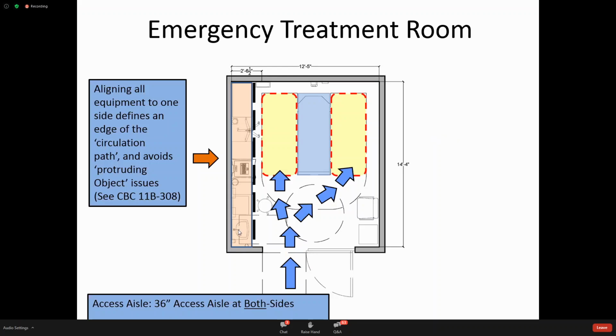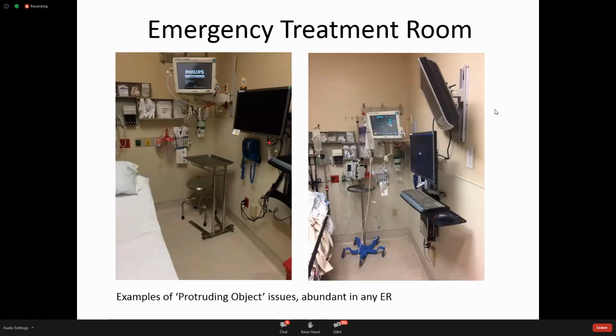So what we do, we tell our architects and design teams, put all of your stuff, all those monitors, on one side. As you can see from the slide here, there's all kinds of monitors and gadgets that are necessary for medical treatment that we have to have in the room. These all constitute protruding objects.